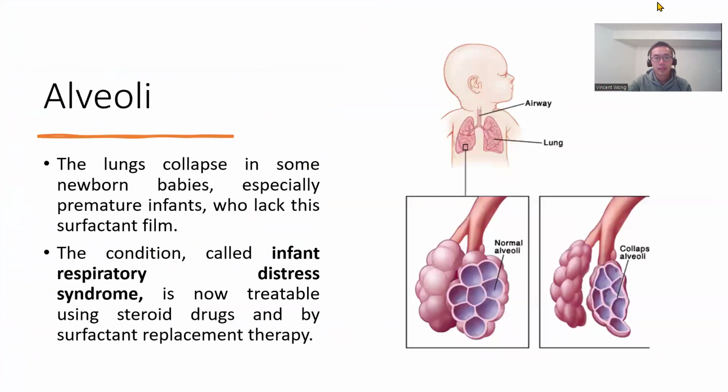Now there is a condition that's called infant respiratory distress syndrome. Right? The baby, if it's born prematurely, would not make their own surfactant yet.